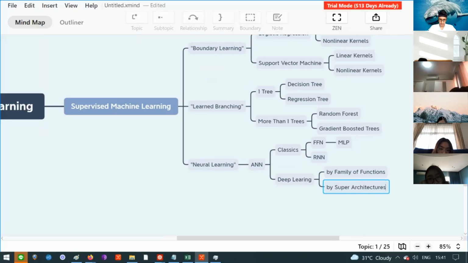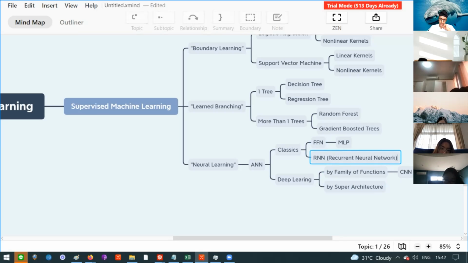Now, by family of function, for example, you have CNN. I'll give the names to you guys, sorry. Recurrent neural network. Okay, this is a feed forward.